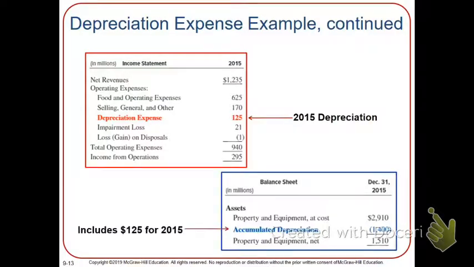Now, what new item we have is something called book value. Book value is the value that we believe the item is worth after we take the property, plant, and equipment amount, whatever that is, and we subtract out accumulated depreciation. So in this case, the book value of the equipment is $1.5 million. You probably heard this term before because the Kelley Blue Book is the value that you might think of when you go to see how much your car is worth.